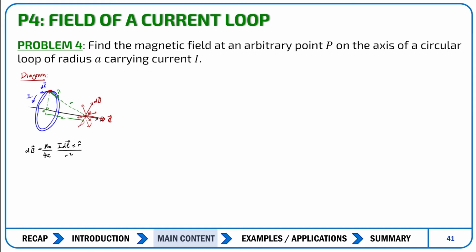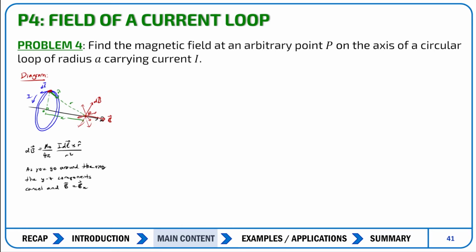So an important thing to note is as you go around the ring, the y and z components cancel. And B is simply equal to Bx.